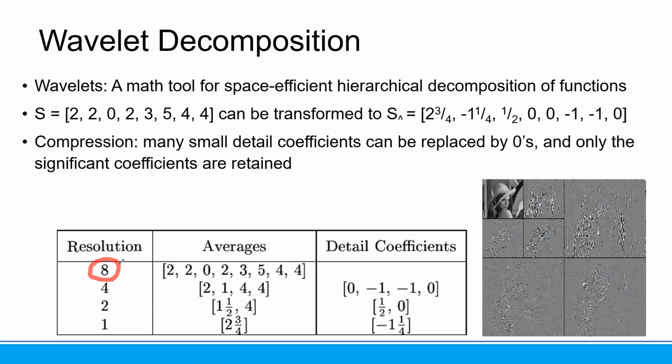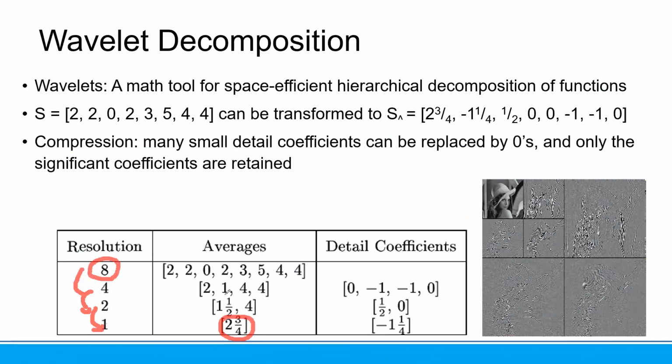I have 1, 2, 3, 4, 5, 6, 7, 8, so I have 8 data. I want to reduce it to resolution 4, then I get only 4. I want to reduce it to 2, I can also get resolution 2. I want to reduce it to resolution 1, and I can get this number.